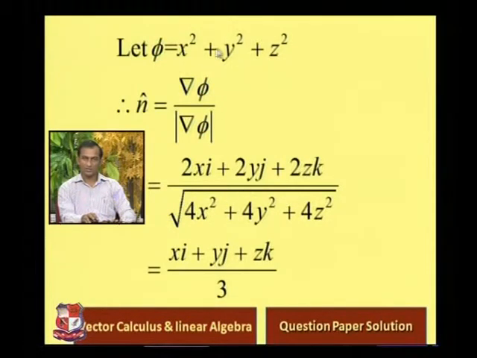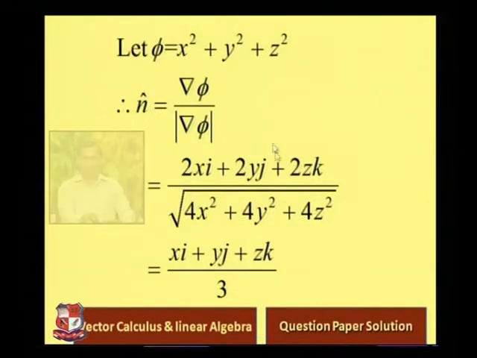We know that x square plus y square plus z square equals 9. So 4 times 9 is 36, and the square root is 6. Now in the numerator 2 is common and cancels with the denominator. So we get xi plus yj plus zk divided by 3 as our unit vector n cap.